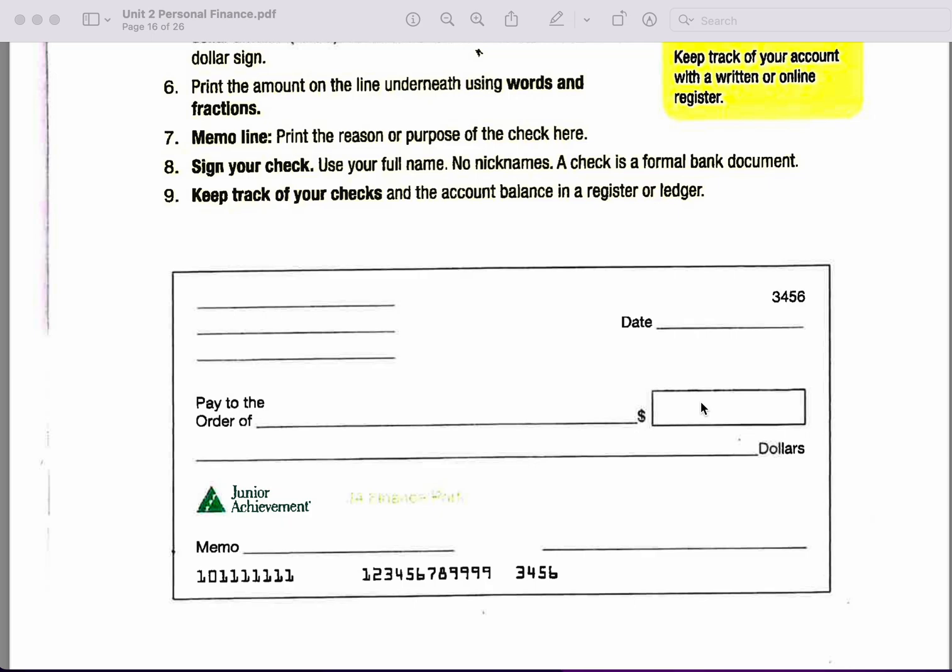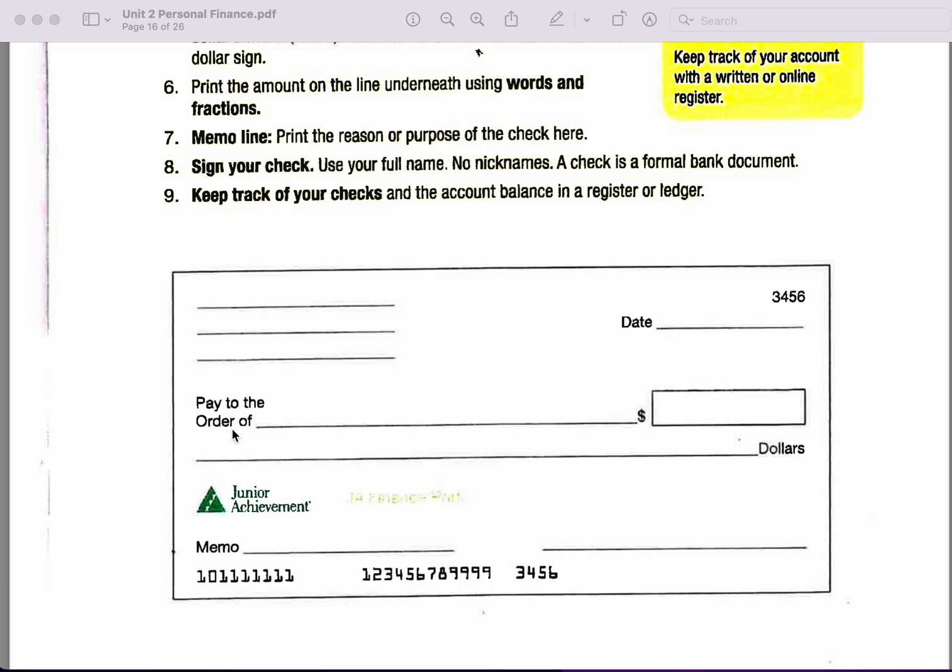Then there's one of two things you can do. I was brought up, and I learned a long time ago, this is how I did it. I did a 0, 0, and then a little line, and then a 1, 0, 0, like 2 zeros over 100 with a line in between. Today, people might put 100.00. I think either's fine. Then down on this line, you're going to have to write that out now.